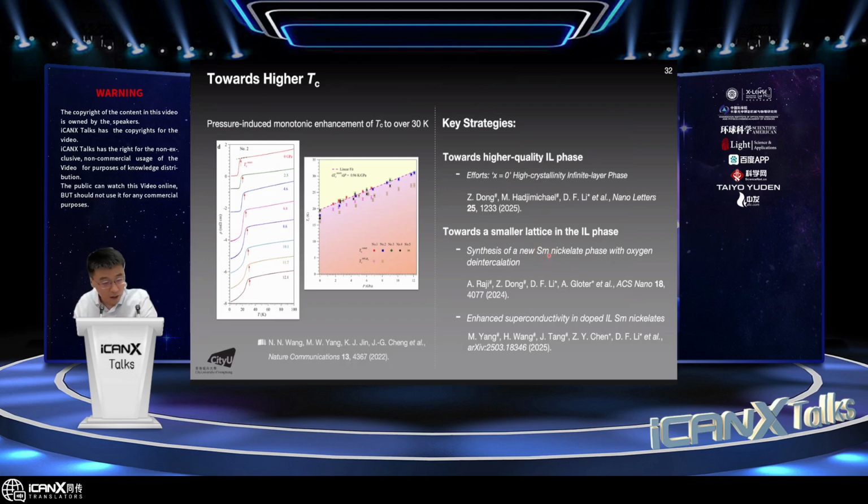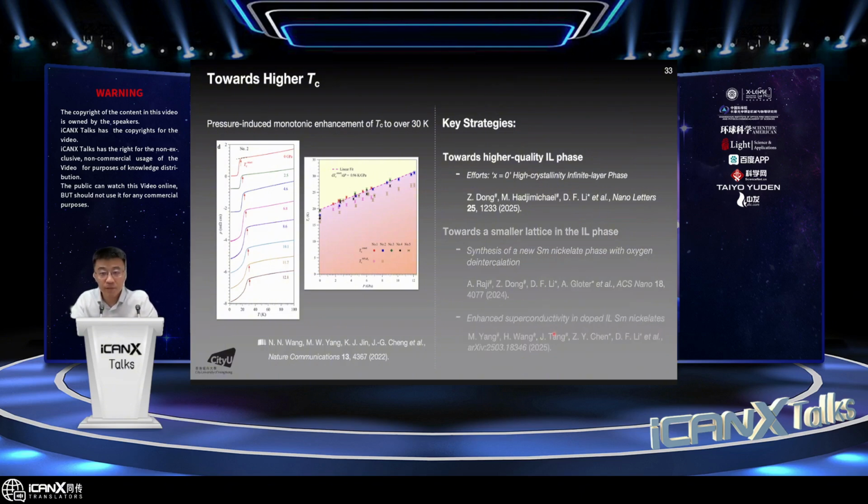But at the beginning, we failed to synthesize infinite-layer phases, and rather we stopped at a new phase with the oxygen removed. Okay, and the second part would be more recent work that we have posted on arXiv, talking about enhanced superconductivity. We do see a very clear trend of higher TC if we move to a smaller lattice constant.